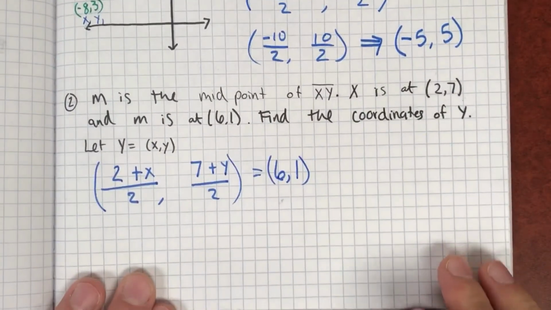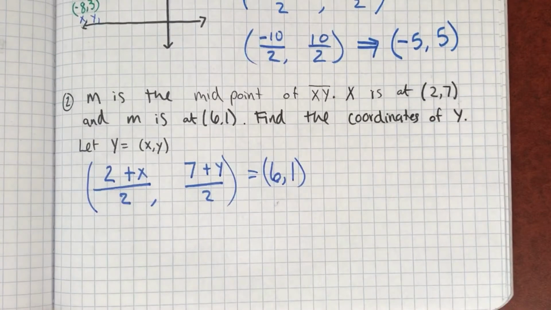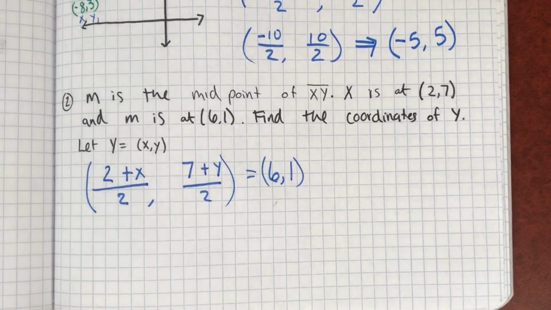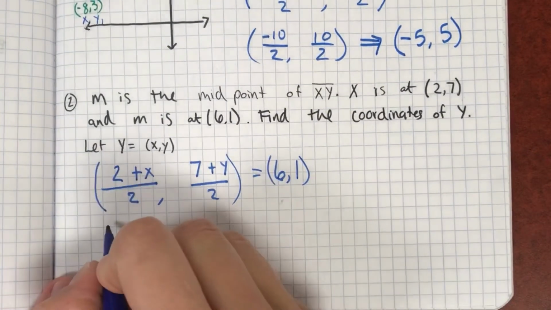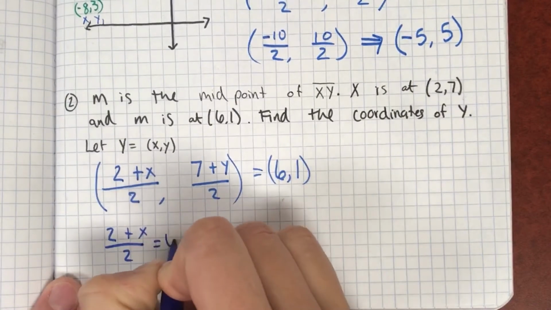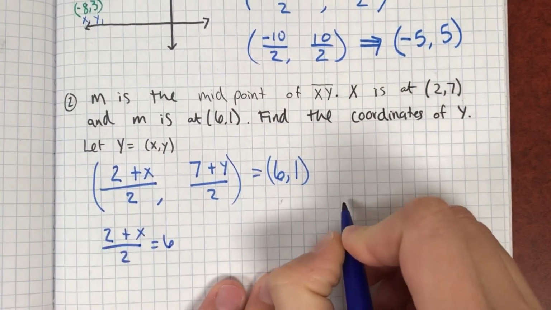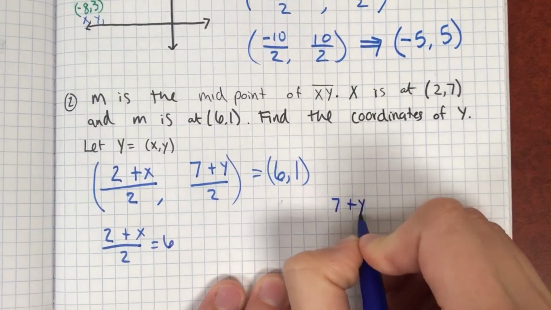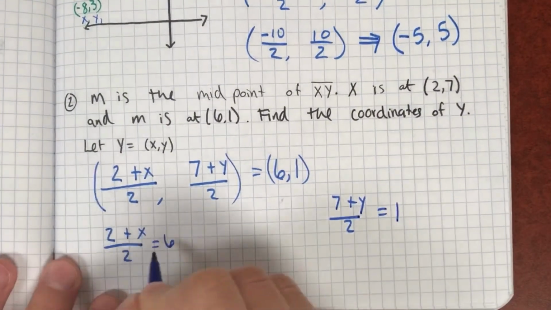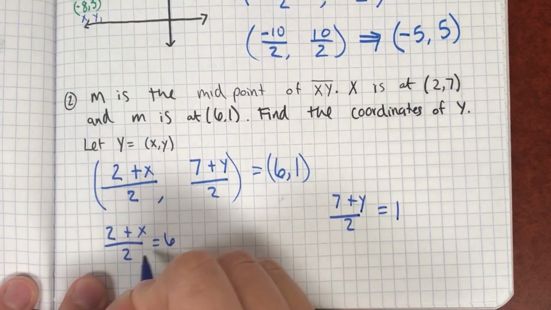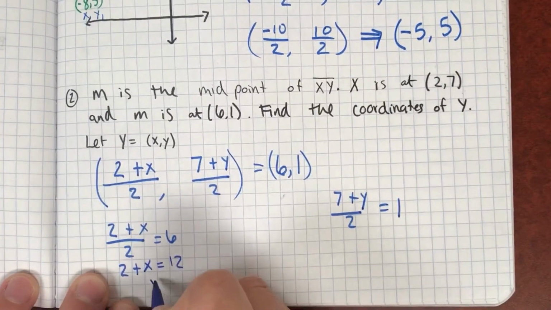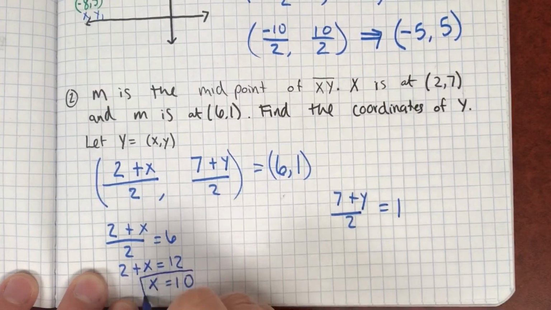Okay, so from this, we're going to split our 2 points into 2 equations. So we're going to say 2 plus x divided by 2 equals 6, and 7 plus y divided by 2 equals 1. So I'm going to multiply by 2 on both sides. 2 plus x equals 12, x equals 10.